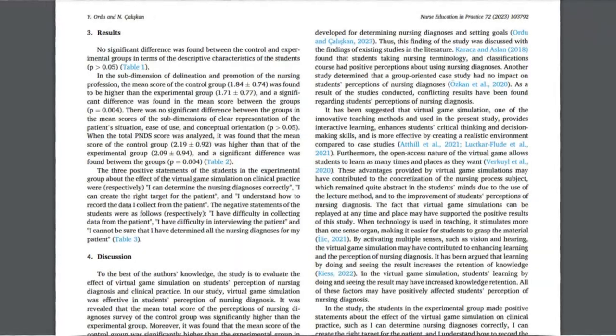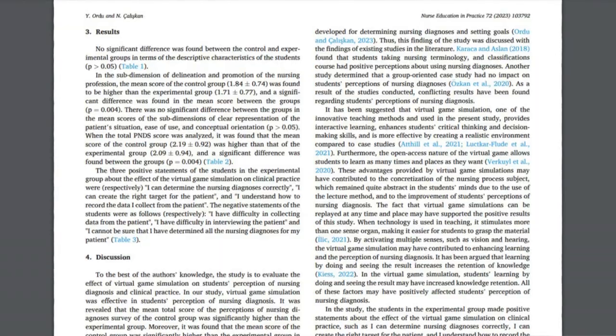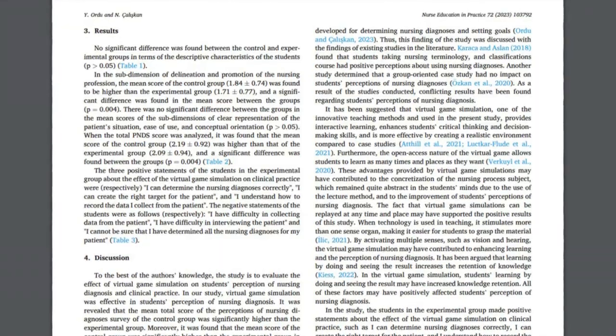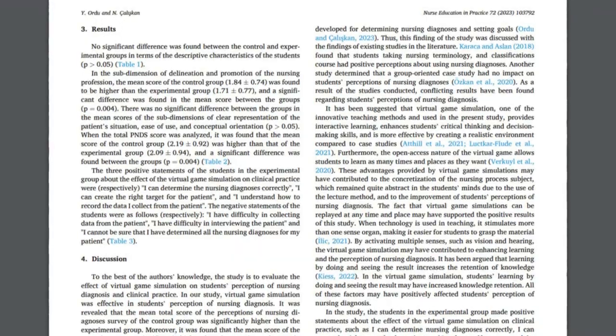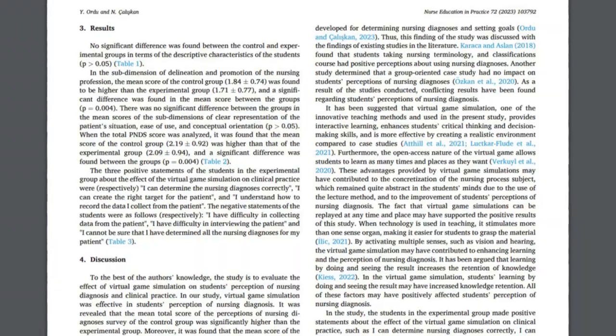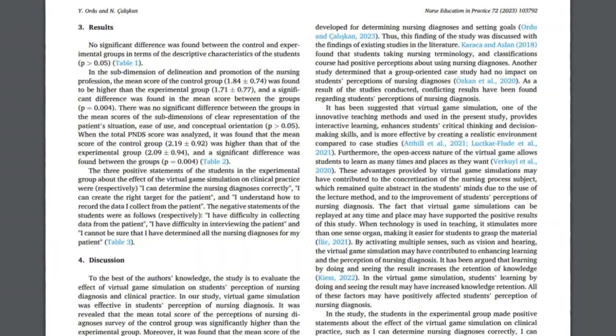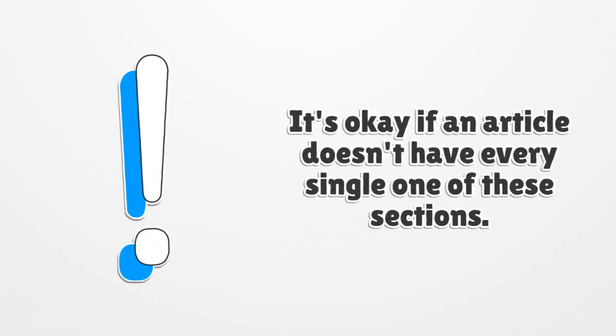The discussion and conclusion are especially important because the authors will explain what they learned in their research, how the information is useful for nursing, and what they might do next with the information. Note that these terms can change from field to field, and not all sections are necessary in all fields.